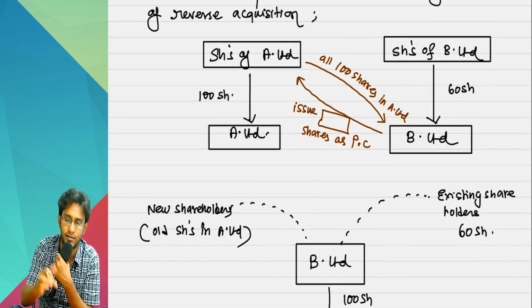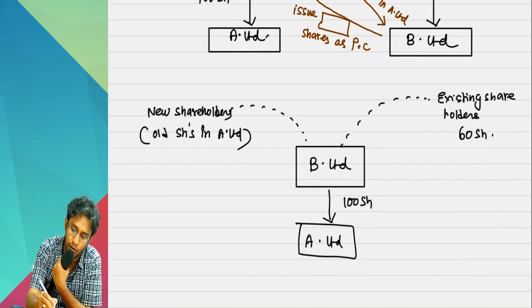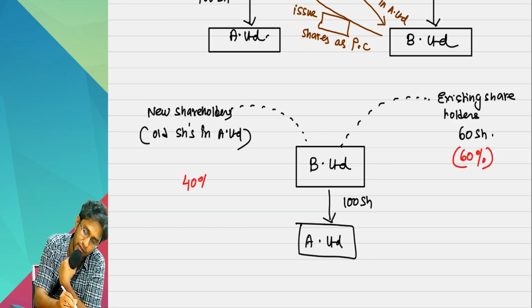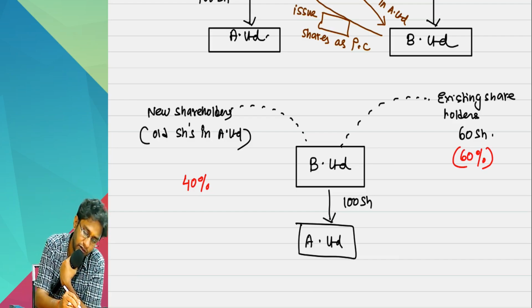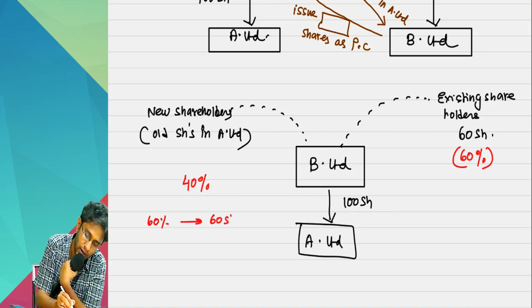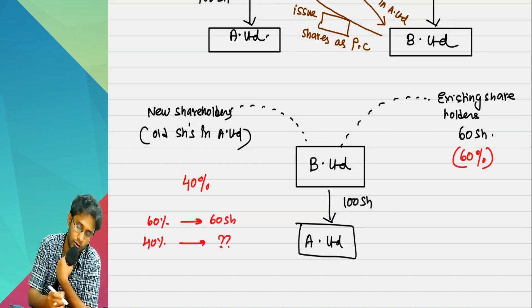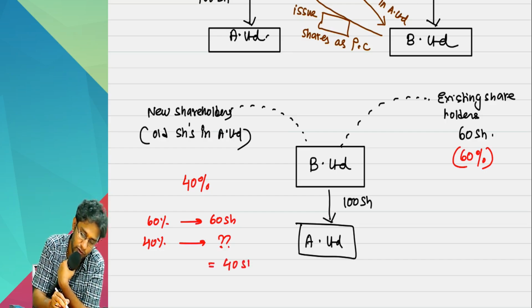Had I done this directly, if my shareholders should have 60%, for 40%, how many shares should they have? Obviously 40 shares. So how you should think is, for 60%, if you are having 60 shares, for 40%, how many shares should they have? That is equal to 40 shares.